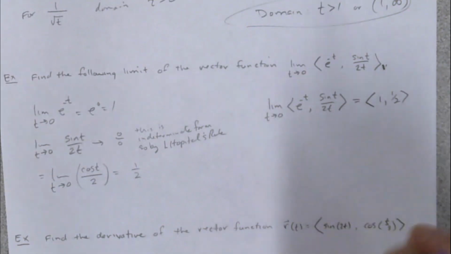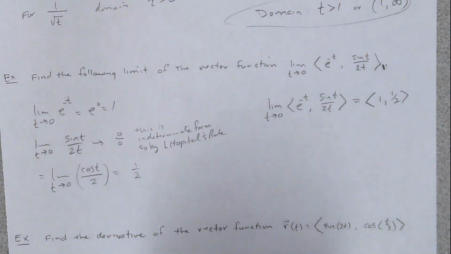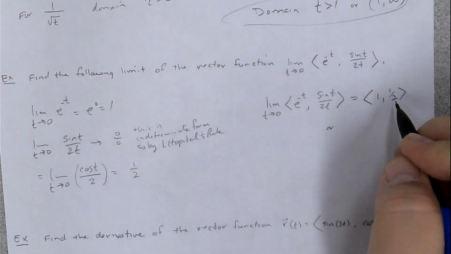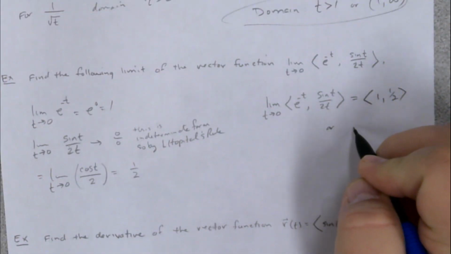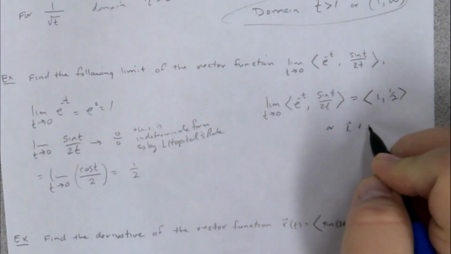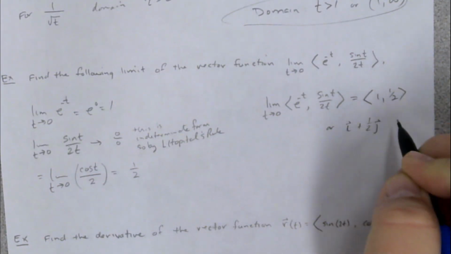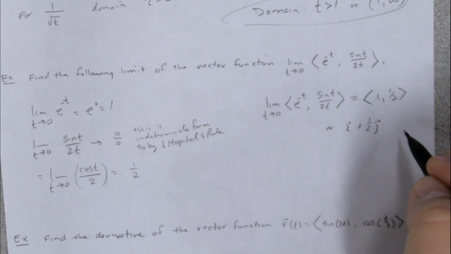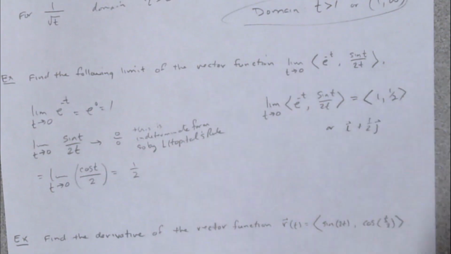Or you could have written it in combination form, just showing how I would write it in i, j form: 1 times vector i plus 1/2 times vector j. I can write it this way or this way, but it has to be written in vector form. Okay?